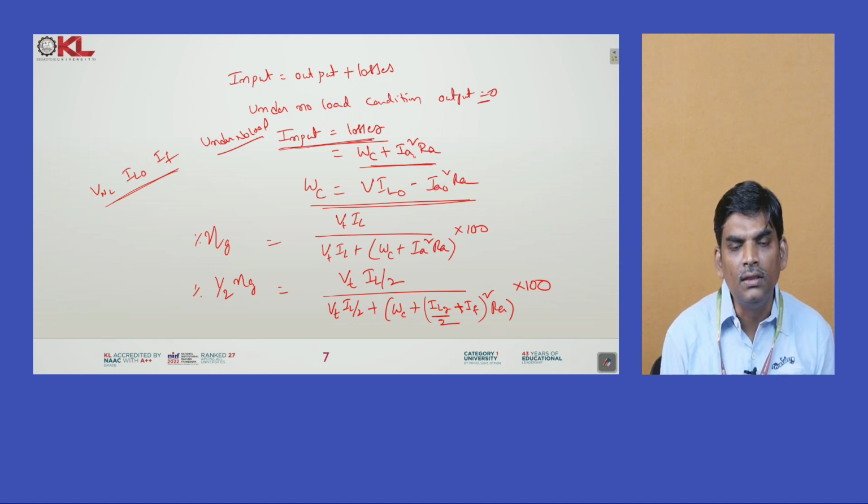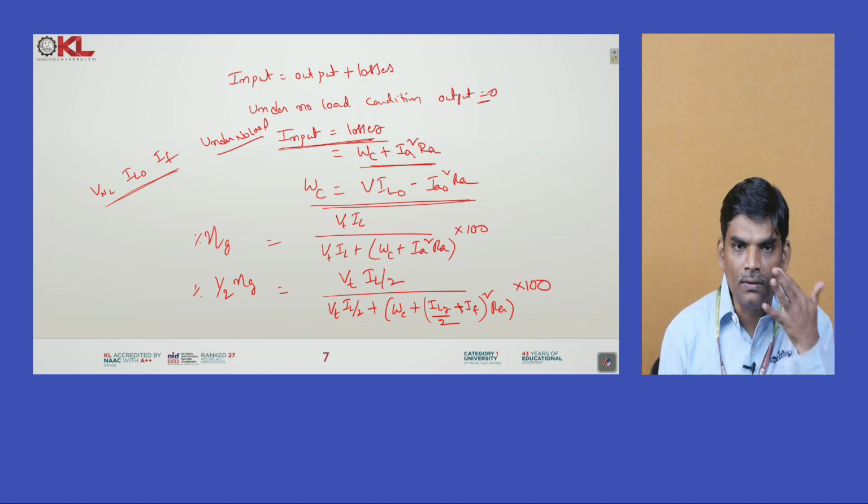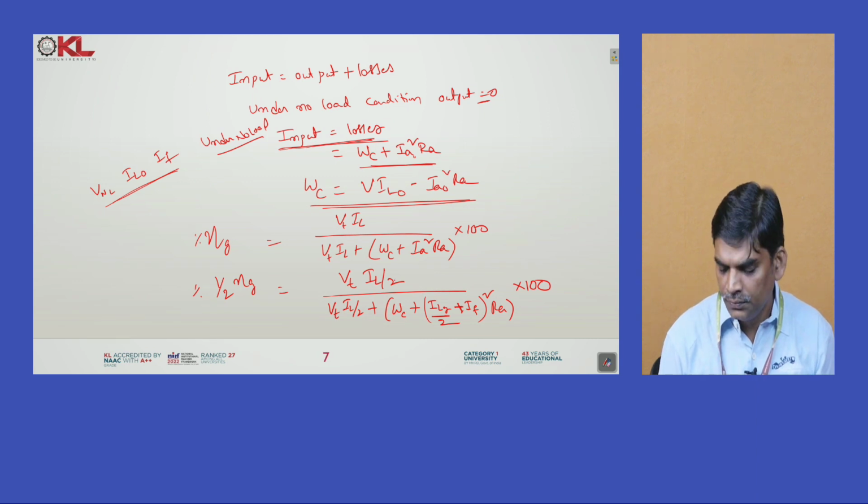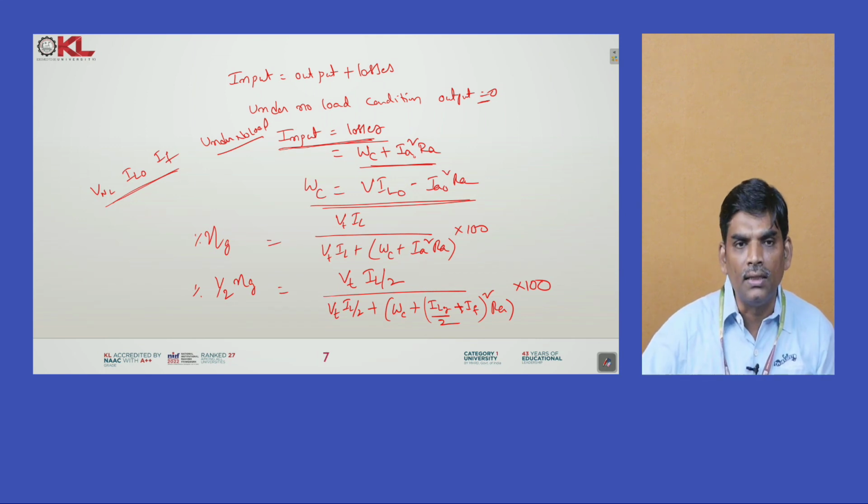In general, for any other load, for example a 1/4 load, you take 1/4 of the full load current and substitute it, and then you can calculate the 1/4 load. For 3/4 load, yes, 3/4 into IL, and we have to multiply it. In different loaded conditions we generally calculate the efficiency.